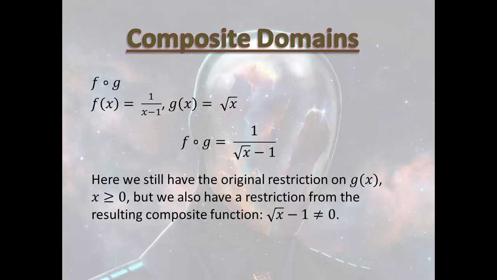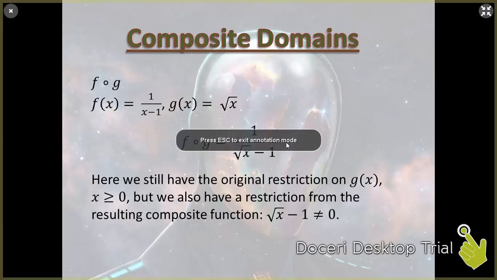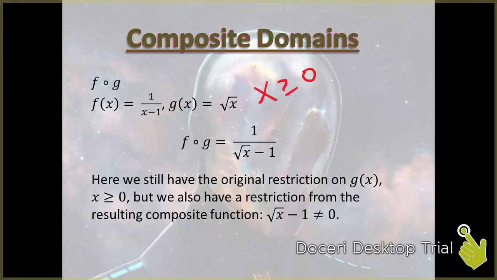Okay, here's another example. Suppose we want f of g in this situation. Well, f of g is just going to end up being 1 over the square root of x minus 1. Now we have to consider all things in this. Our original two functions: for g of x, x has to be greater than or equal to 0. For f, x cannot equal 1. Well, it happens to be present in our final answer too. We have to have a real number here, so x has to be greater than 0.